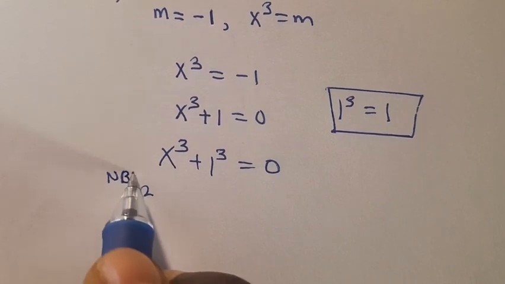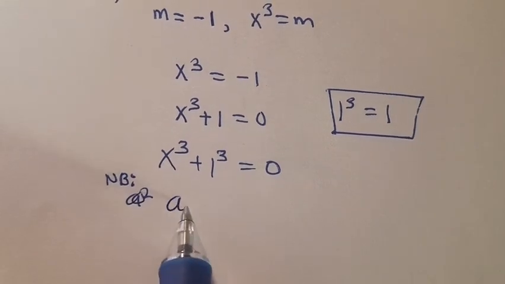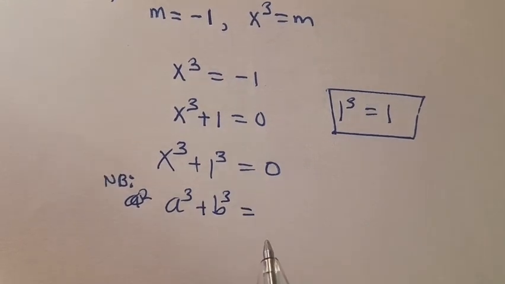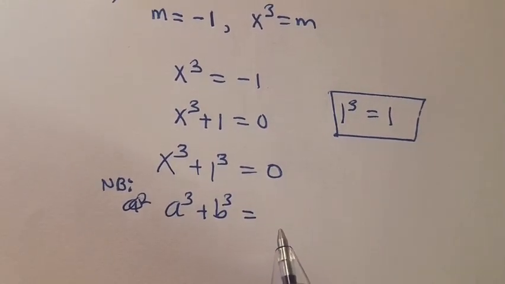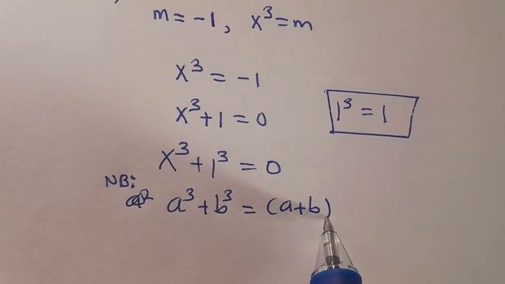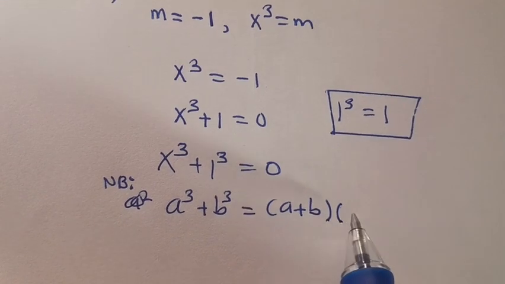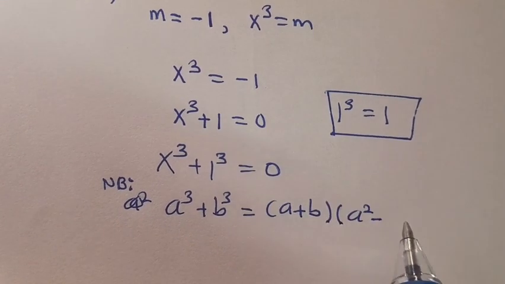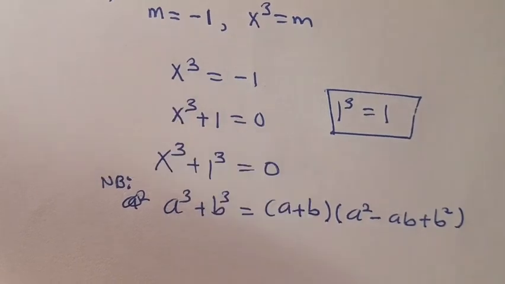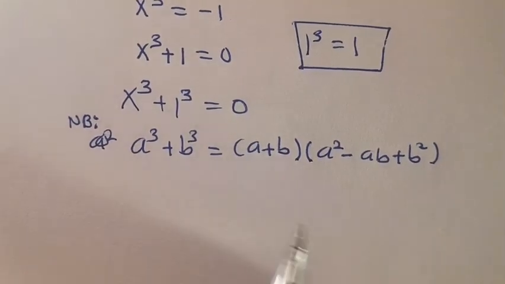And from here, you have x cubed plus 1 cubed, which is a raised to the power 3 plus b raised to the power 3 equals a plus b in brackets, multiplied by a squared minus ab plus b squared. So let us apply it in the above.